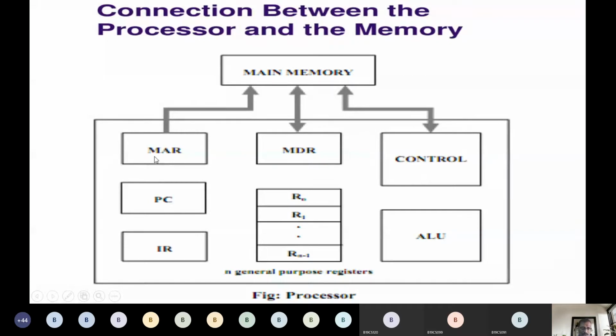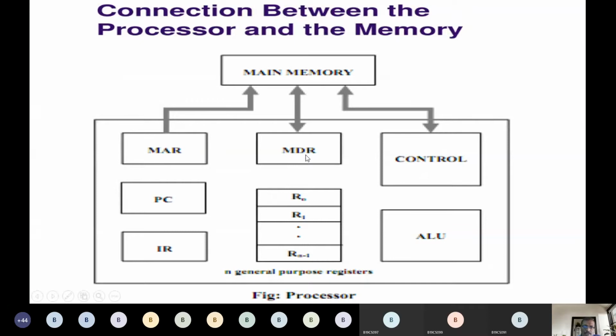Can anybody say what is MAR? Students? What is the full form of MAR? Memory address register. Yes.